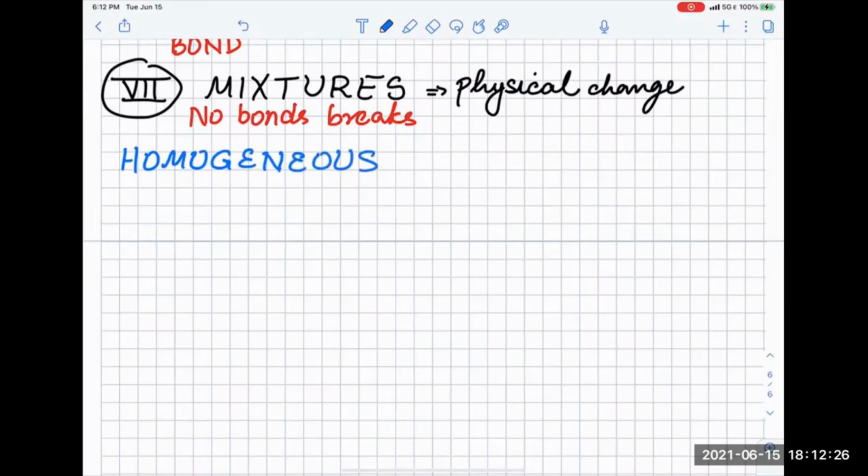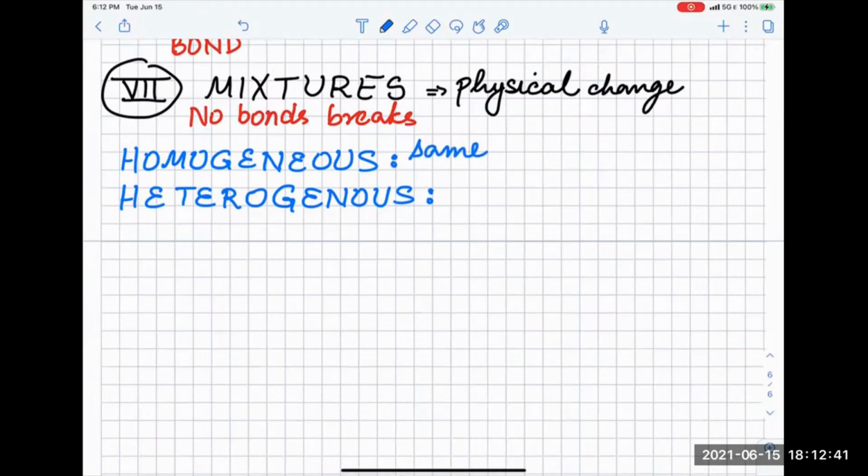And the other is a heterogeneous. Homogeneous means they look the same. In the heterogeneous mixture you can identify the components, but in the homogeneous, you don't.